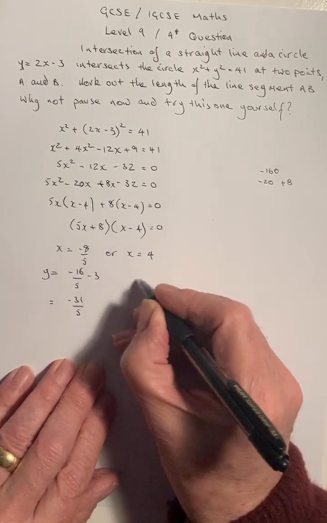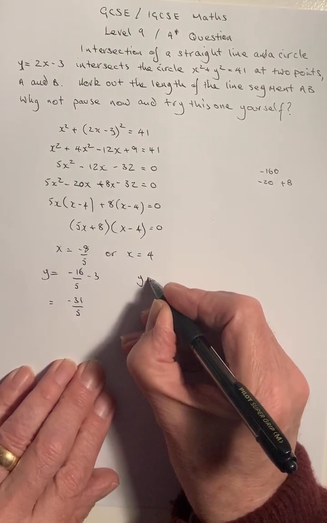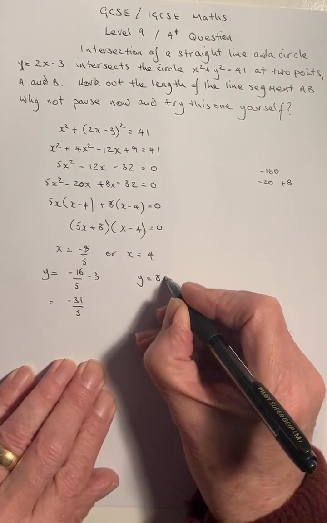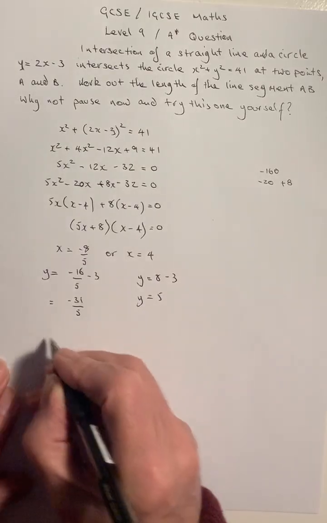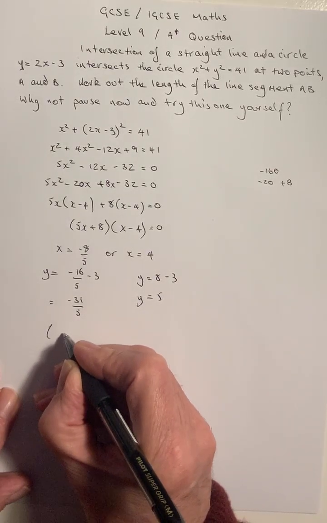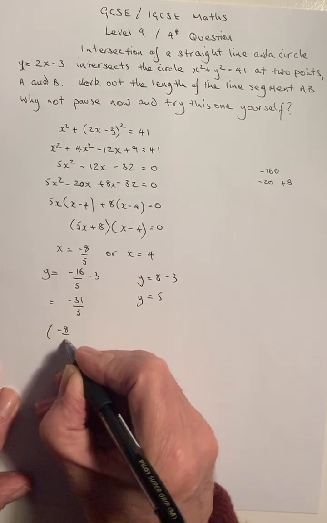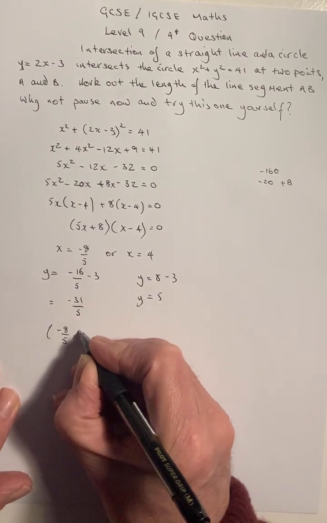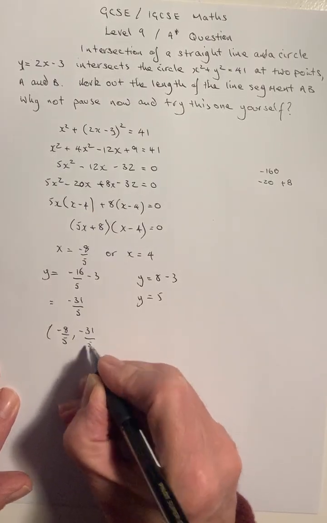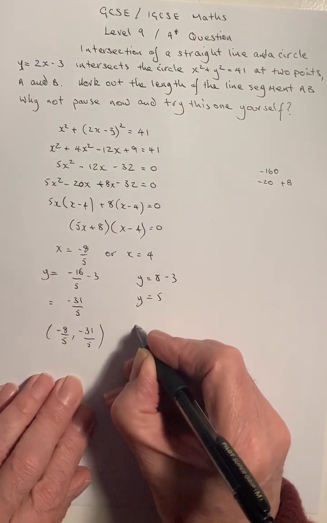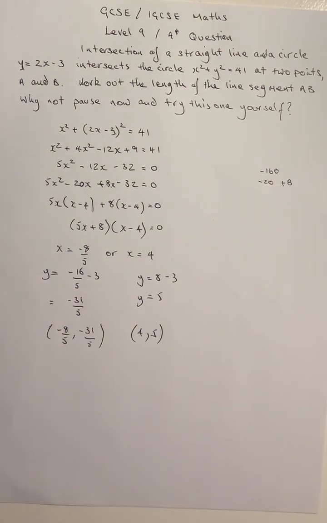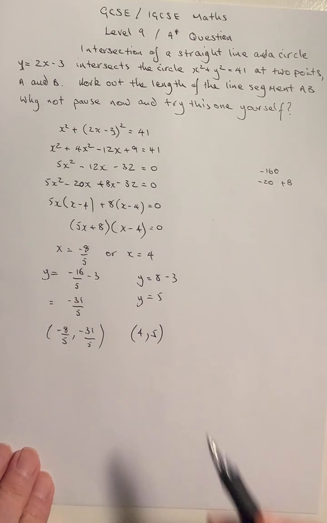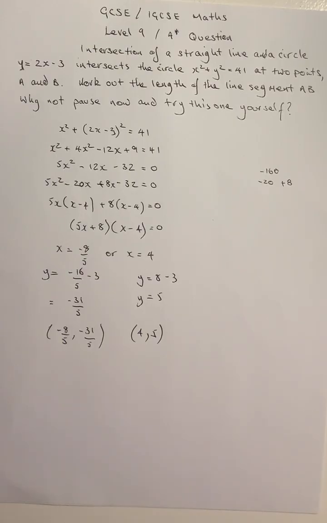And when x equals 4, y equals 2 times 4, which equals 8. Take away 3, so y equals 5. So we have negative 8 over 5, negative 31 over 5, and 4, 5. Those are our points A and B, and it doesn't matter which is A and which is B. I'll take the first one as A and the second one as B, but it makes no difference whatsoever.